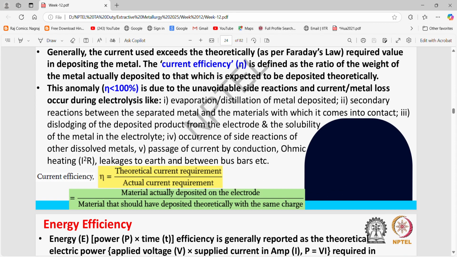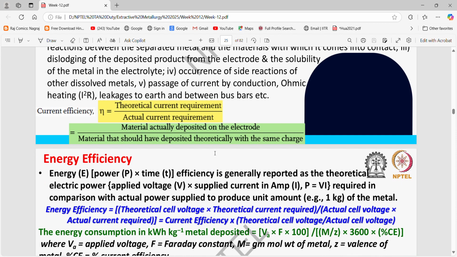However, in actual conditions, the theoretical amount which we calculate will not be possible to deposit. So the actual amount deposited with this 6 ampere current divided by the theoretical amount that should have been deposited is known as the current efficiency.